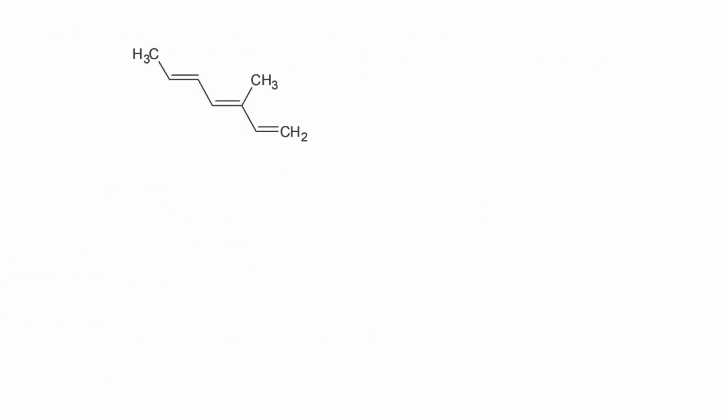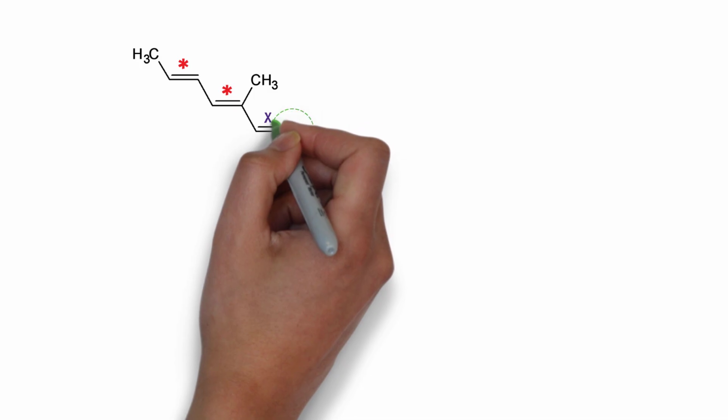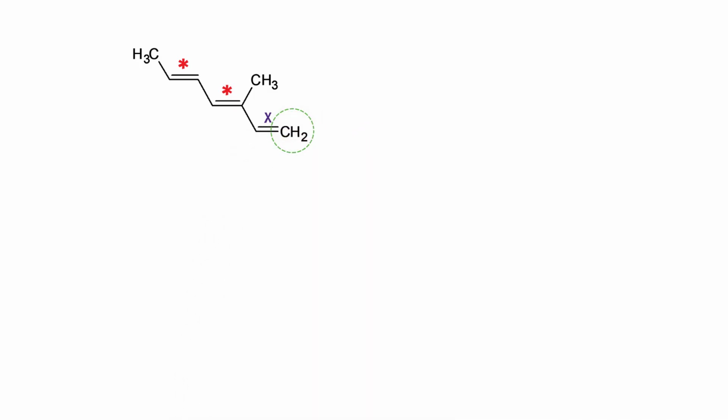We have this molecule. In this molecule, as you see, there are 3 double bonds. So you expect there can be 3 stereocenters possible in that molecule. But actually there are just 2 stereocenters, designated by star. The third one is not a stereocenter because one of the restricted carbons is attached to 2 similar groups, that's hydrogens.